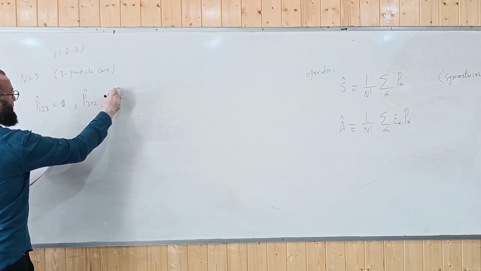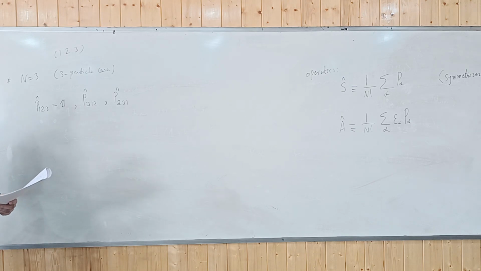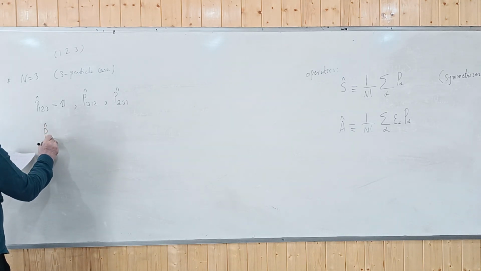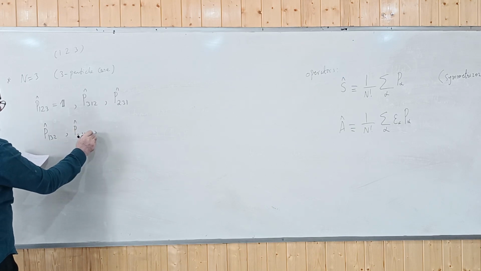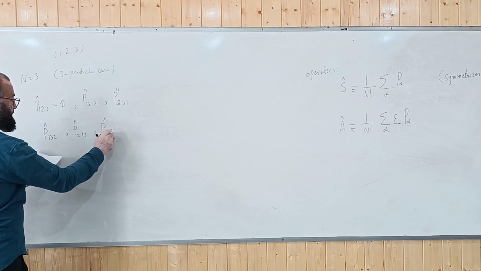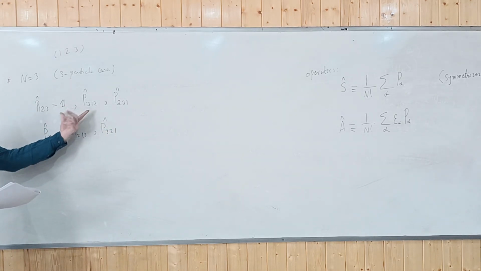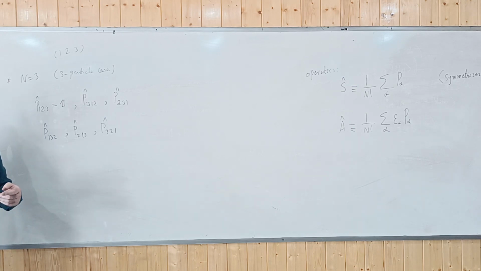Clear? Then again P231. Then you can have P132, then P213, then P321. So these first three are cyclic, these are not cyclic. Got it?